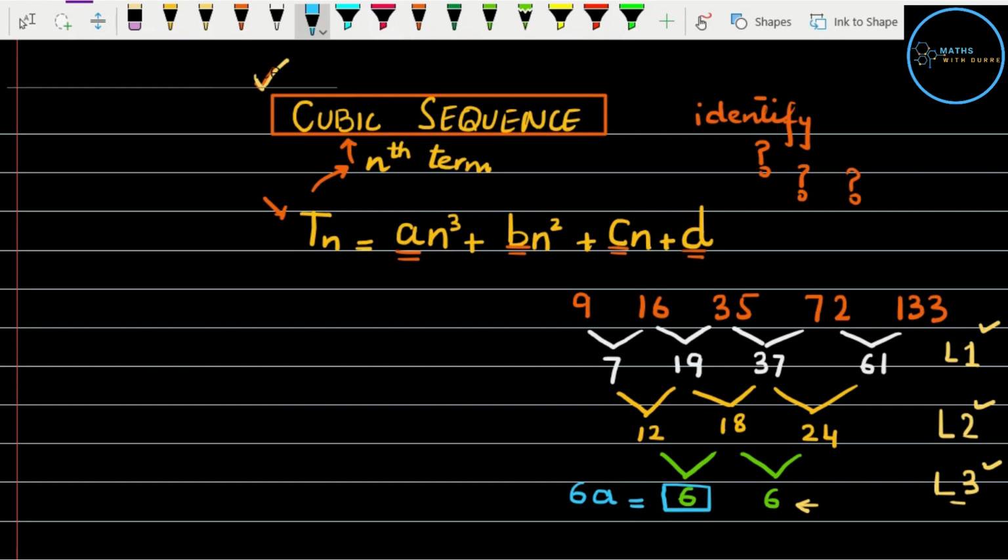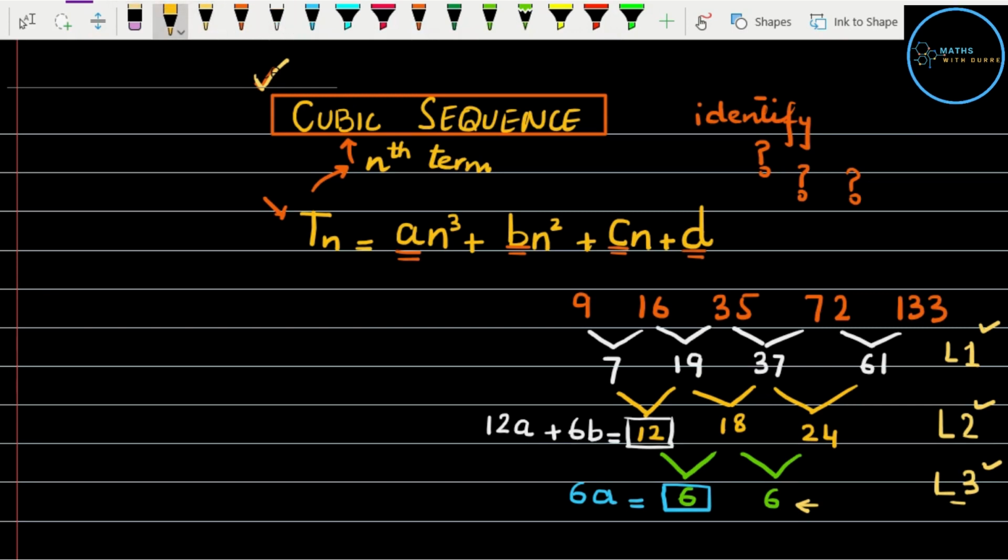And always, the first value of the second difference sequence, this 12, you make equal to 12a plus 6b. That is important to remember, right?